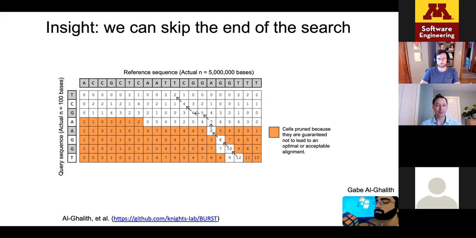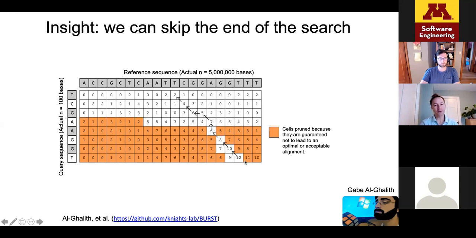And we were talking about this and came up with the idea that, as you get toward the bottom of this table, you're filling it in row by row, and there must be parts of the table where you could prove that even if the rest of the alignment starting at that point was perfect, you still couldn't do better than proceeding from another part of the table.